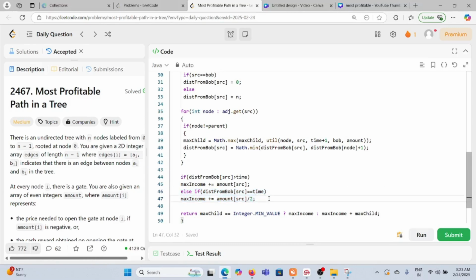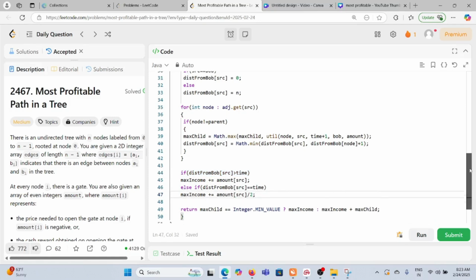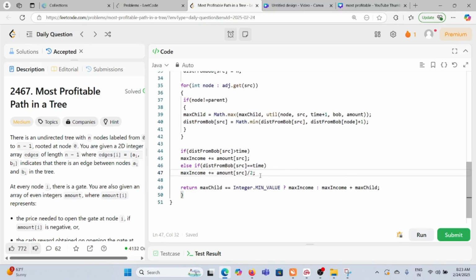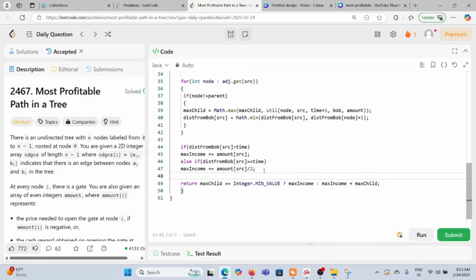And if the distance from bob is smaller than time, in that case what will happen, bob has already opened that node, and if it is already opened, we don't get anything. So that is why we haven't put that in an if condition, because we are not getting anything there, we don't get any reward, right? So that is why we are ignoring that condition.